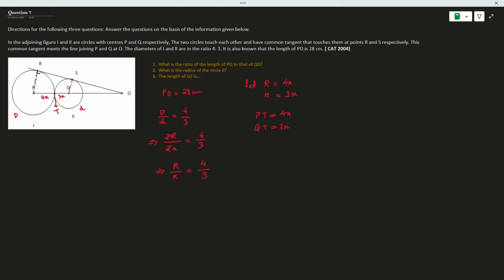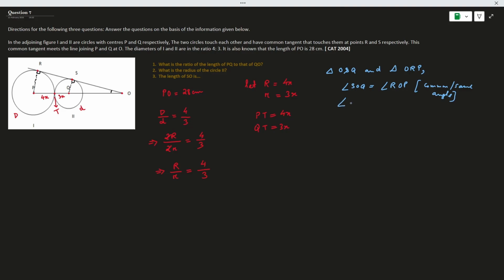So this is the point of contact, so this will be 90 degrees and this is 90 degrees, and this is the common angle between triangles OSQ and ORP. In these two triangles, angle SOQ is equal to angle ROP. This is because they are the same angle, or basically I can say common angle.